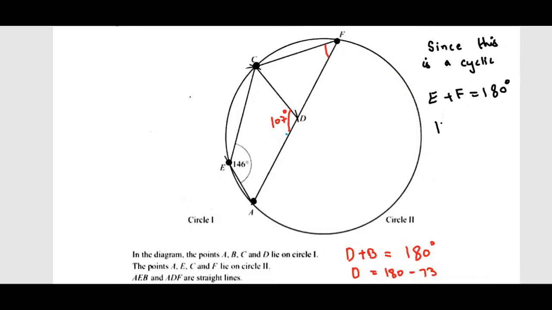So E is 146 plus F equals 180. You make F the subject, and what are you going to get? You will get F as 34 degrees. This would be 34 degrees, right?